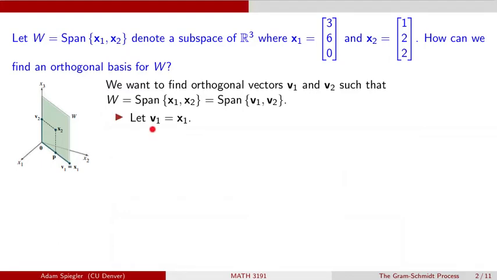So let's just start with v1 being x1. So I'm going to set, in this case, v1 is just going to be this vector 3, 6, 0. So that's this vector that is sketched in blue. We don't need to change that.